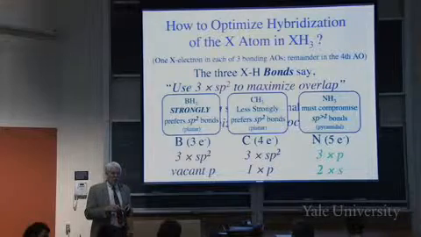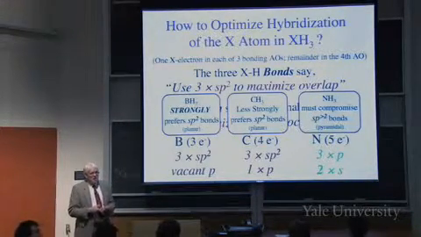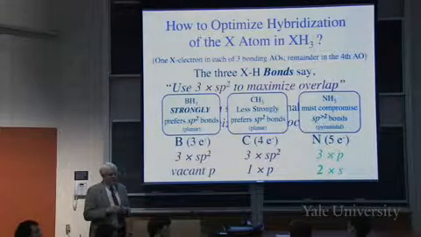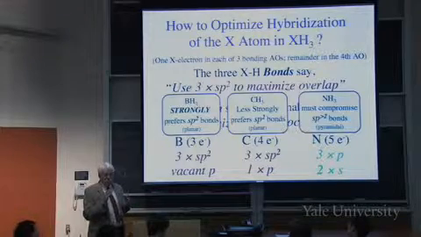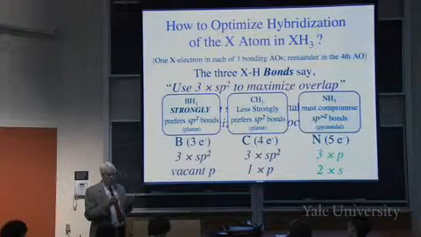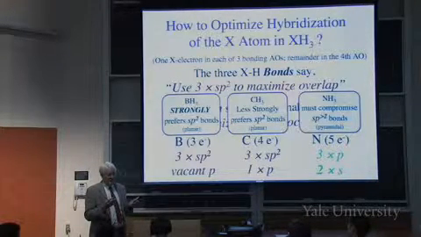Okay, Kevin, did you have a question, or did that answer it? Okay, yes. Is there such a thing as an sp3 orbital? Yeah, what does sp3 mean? It means a hybrid orbital, a mixture of s and p, with 3 times as much p as s.